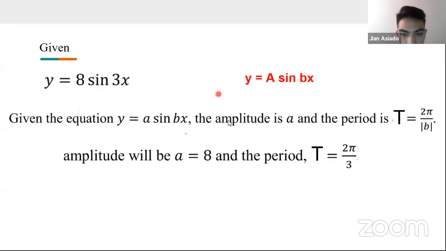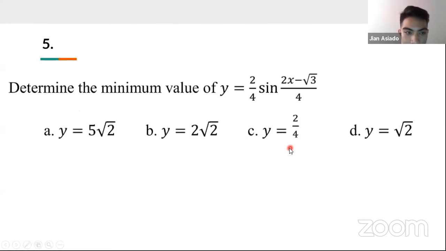The amplitude here is A. And the period also has a formula: T is equal to 2 pi over B. B is the small number beside the x. Now, the amplitude is A, which is equal to 8, following the equation. And the period is 2 pi over 3. Substitute B, which is 3. Okay, and that's for number 4.